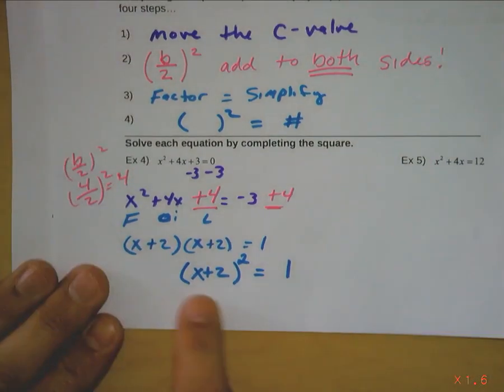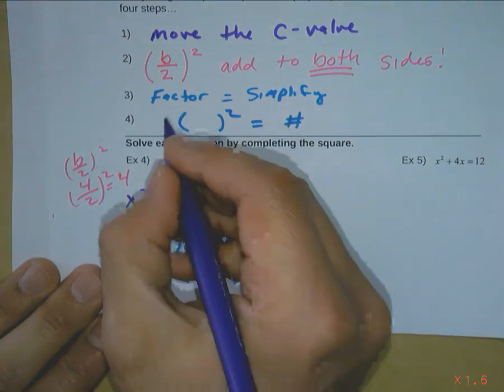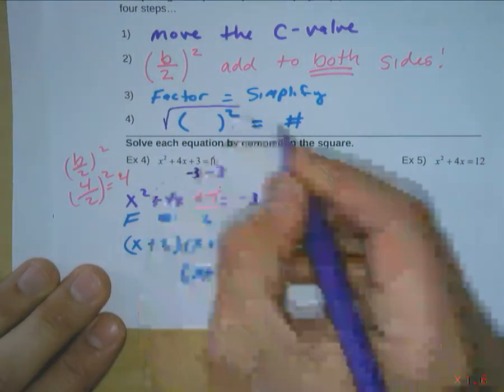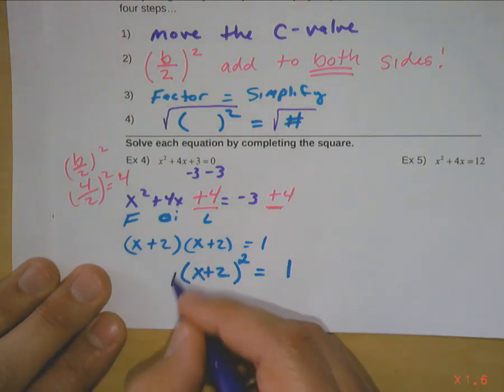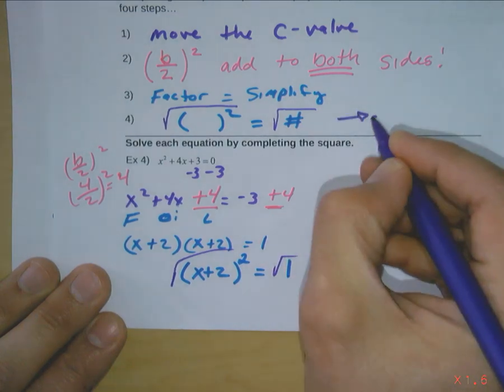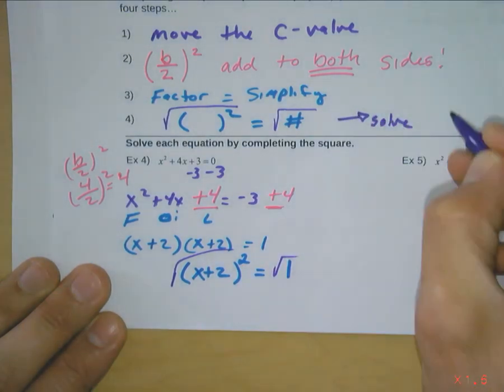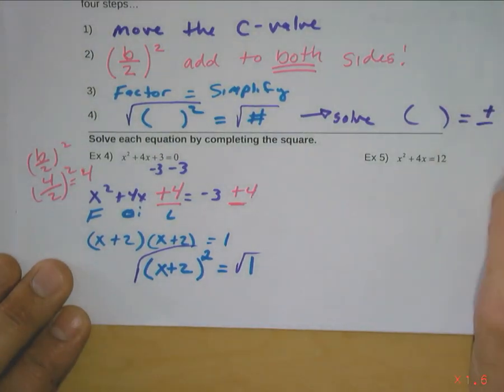Okay, well this looks just like what we just did on Monday. This is all set up for the good old square root method. I'm going to square root, bless you, I'm going to square root both sides. So I'm going to square root both sides, and then I'm going to solve. So I should have some quantity equal plus or minus a number.